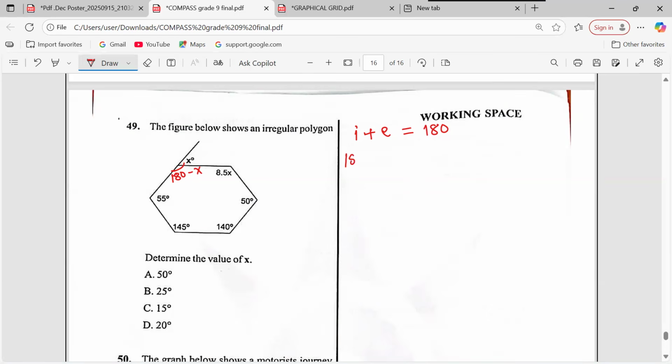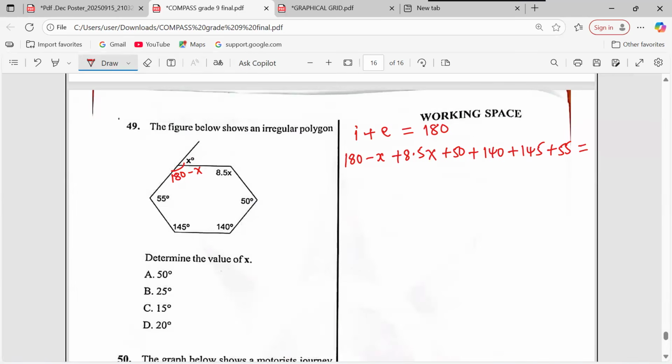So with all this, we can add the angles manually. 180 minus x plus the next one, 8.5x, plus the next one, 50, plus 140, plus 145, plus 55.